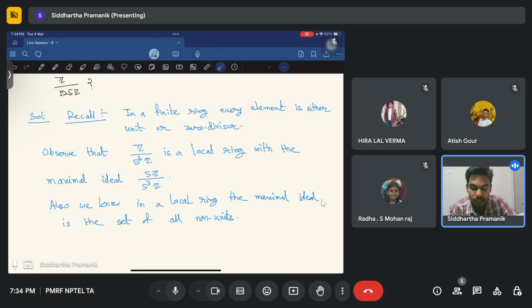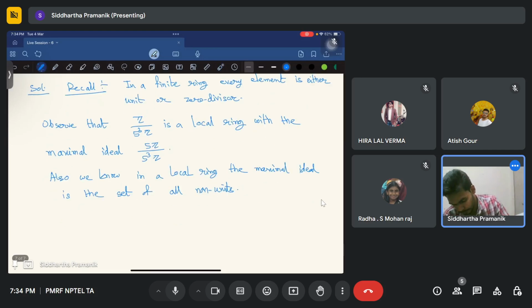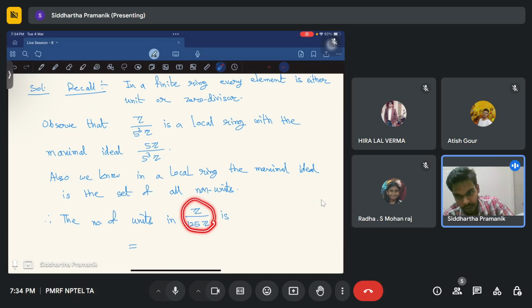So what is the cardinality of this set? So the number of units in Z mod 125Z is, the cardinality of this ring is 125, right? So it is basically 125 minus the cardinality of the number of non-units.